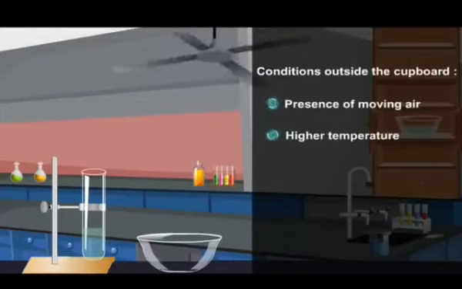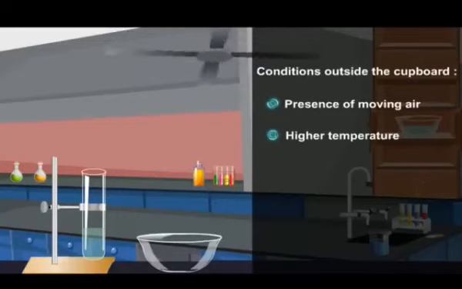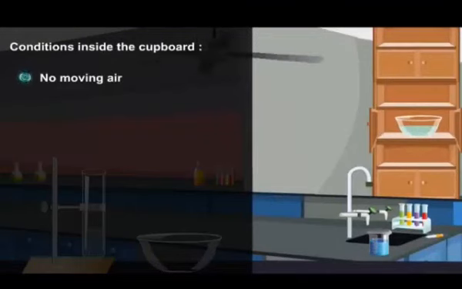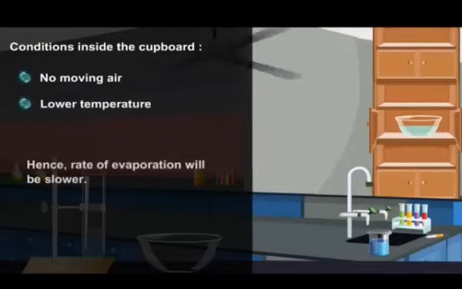Also, the temperature of the area outside the cupboard was higher. Because of both these factors, a higher temperature and moving air, the water evaporates faster. And inside the cupboard, there was no moving air and it was cooler there. So the rate of evaporation was lower.